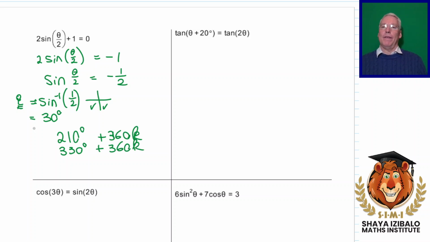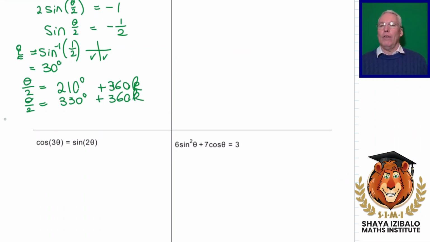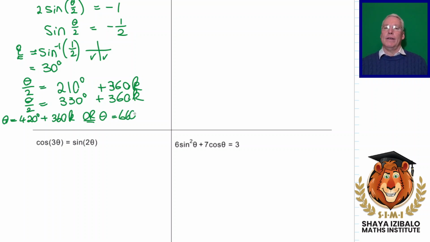Right, but remember now that this is not theta, this is actually theta over 2. So both of these equations, to find theta, we're going to need to multiply through by 2. So our final answers are theta is 420 plus 360k, or theta is 660, 330 doubled, 660.